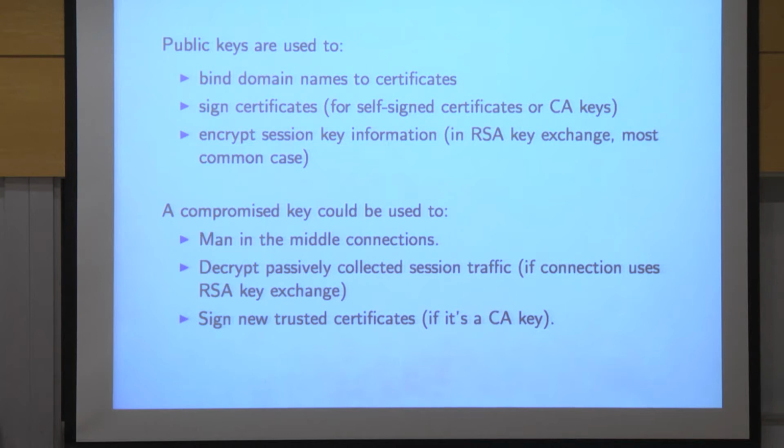And in the case of RSA key exchange, it's not forward secure, so an attacker with a private key would be able to decrypt passively collected session traffic, because they could just decrypt the session key that was sent from the client to the server and then decrypt all of the following traffic. And if a CA key was compromised, it could be used to sign new trusted certificates. So this is the security and threat model for HTTPS.